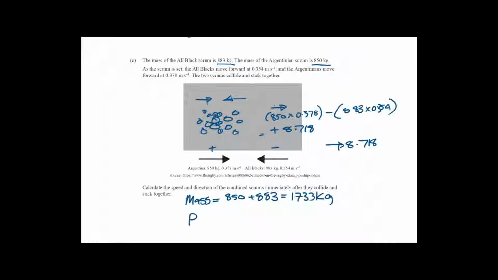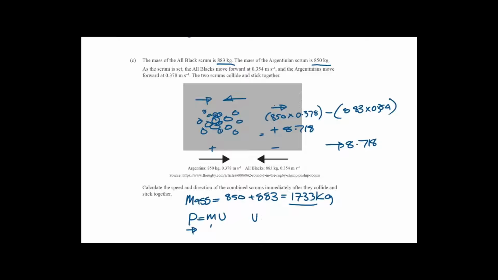And we know that momentum is mass times velocity. So the mass is that one there. We know the momentum, that's going to be 8.718 in that direction. And let's work out the velocity. We're going to divide both sides by m.